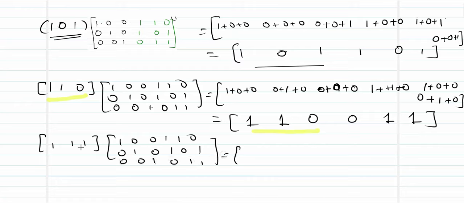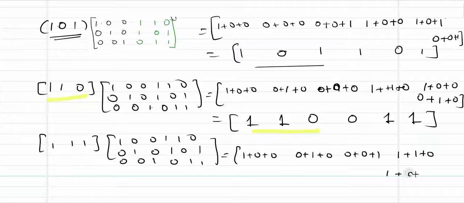We will go 1 into 1 is 1 plus 0 plus 0, 0 into 1 is 0 plus 1 plus 0, 0 0 1 1 1 0. The next word 1 0 1, and the last word 0 1 1.